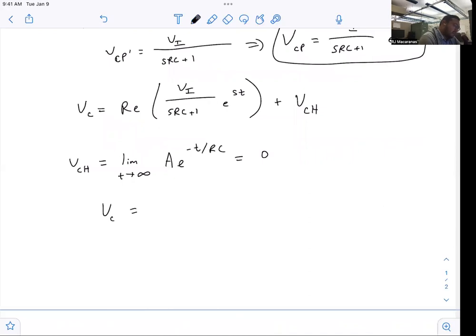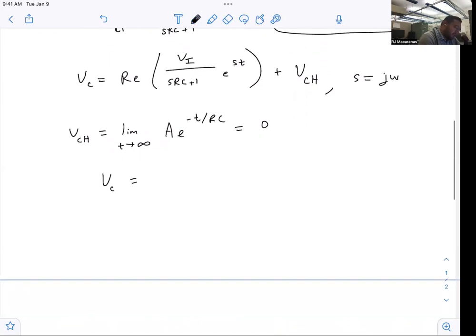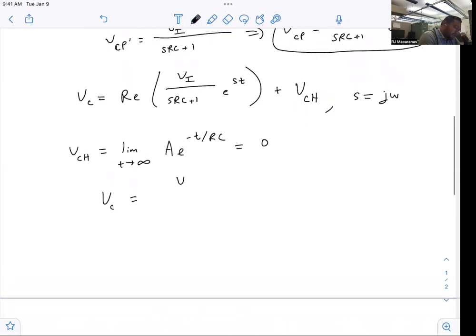And just as a refresher, to find this real part, we need to, first of all, go back into the complex world. So we're going to take Vi over j omega RC plus 1, times e to the j omega t, and we're looking for the real part of this.